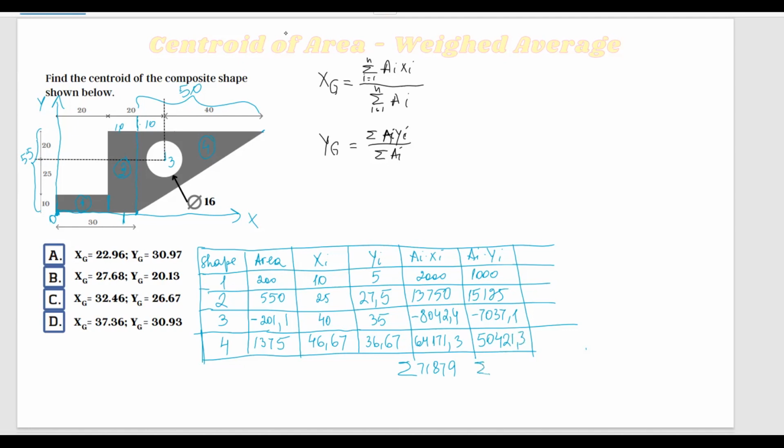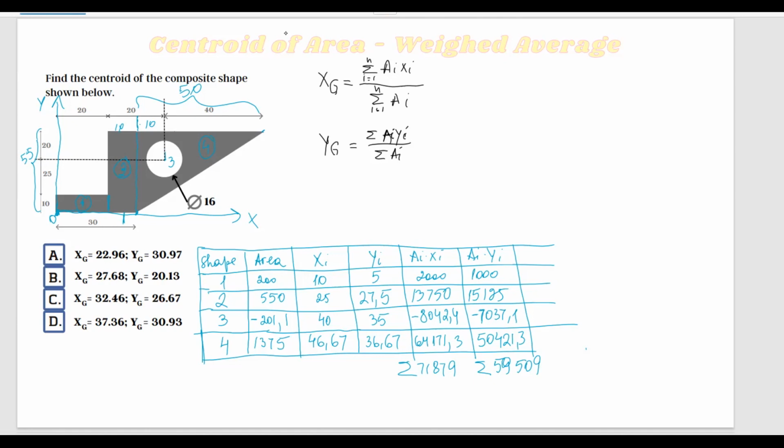And now if you do the sum of that, you should get a value of 59,509. So when you add all of these values, the value for the circle is getting subtracted because the circle is actually not there. We have to subtract it. So now we have everything we need.